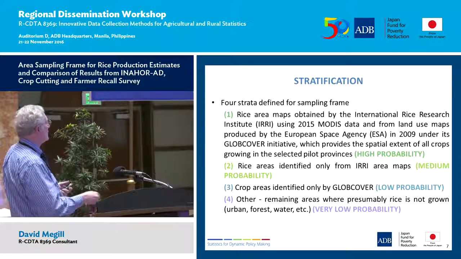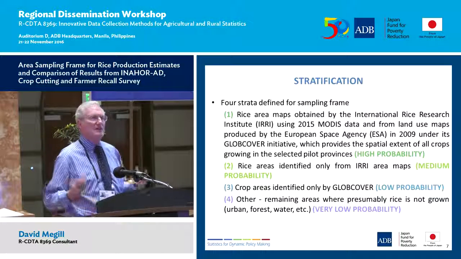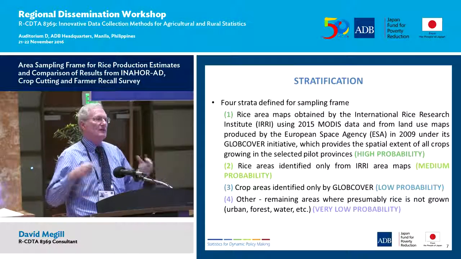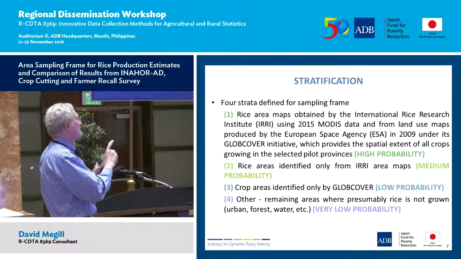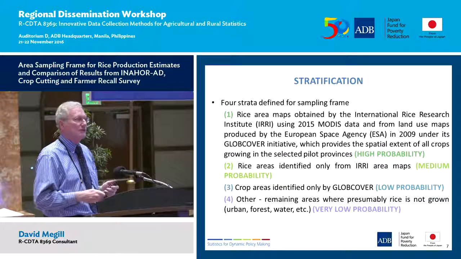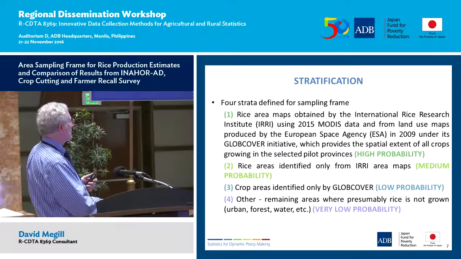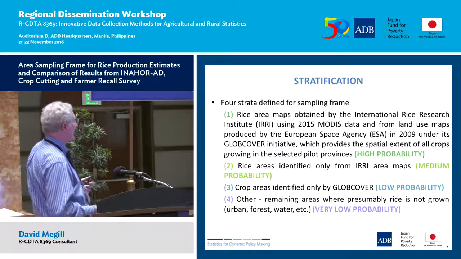Okay, so this is the stratum that has the highest probability of finding rice. Basically, we want to divide the territory of each province into areas based on the concentration of rice. Since these were identified as rice by both IRRI and GlobCover, there's a high probability that you would find rice there.